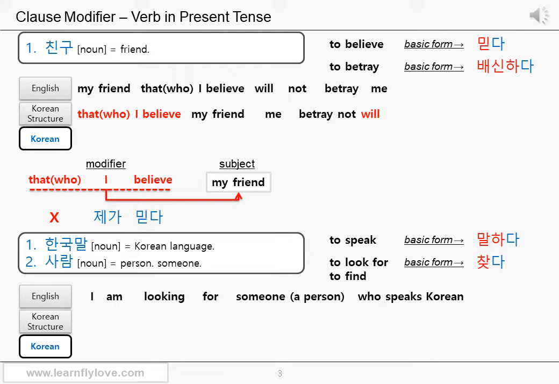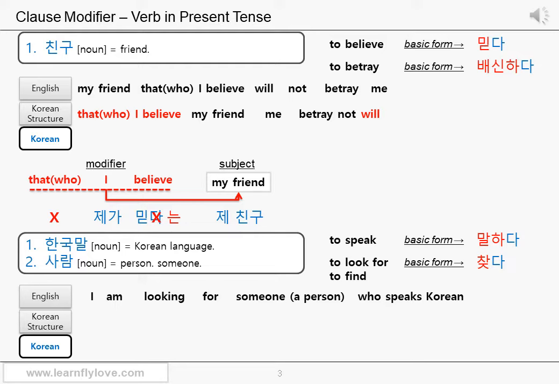Believe. The basic form of the verb believe is 믿다. The stem is 믿. You just need to add a 는 sound to the stem, and it will turn the entire clause into a modifier. 제가 믿는. And it modifies the subject of the sentence, my friend. My is 저의 or 제.